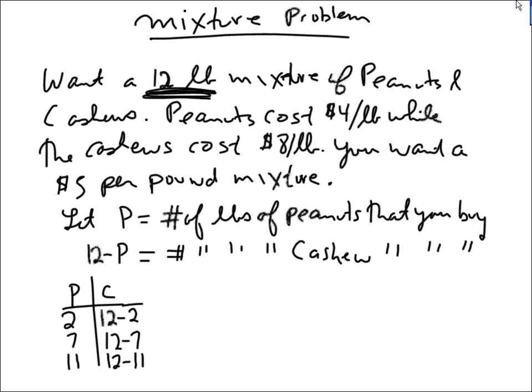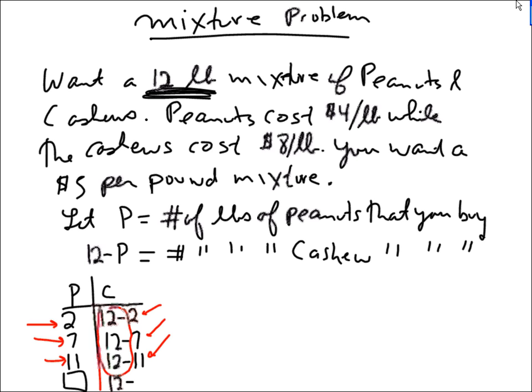Under cashews, I keep seeing 12 minus. And then I see these random looking numbers: 2, 7, 11. They're coming from the peanuts. On the next line, regardless of what I write under peanuts, I know it's going to be 12 minus.